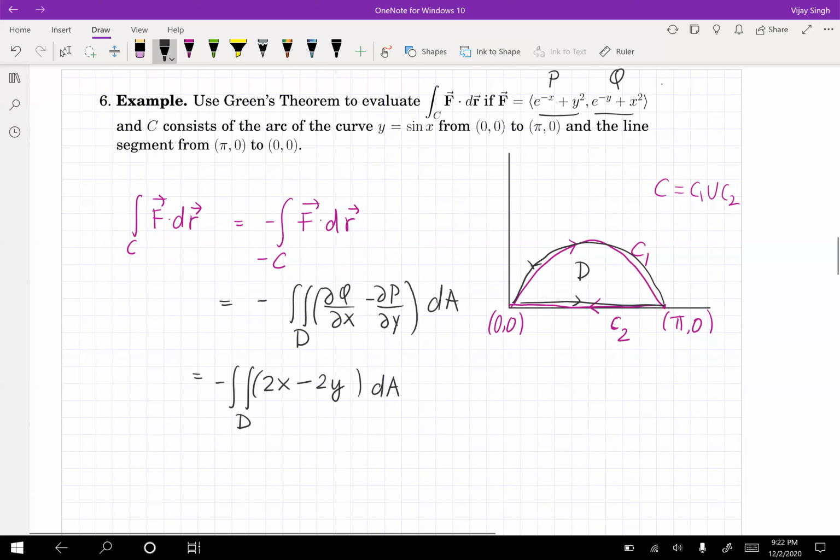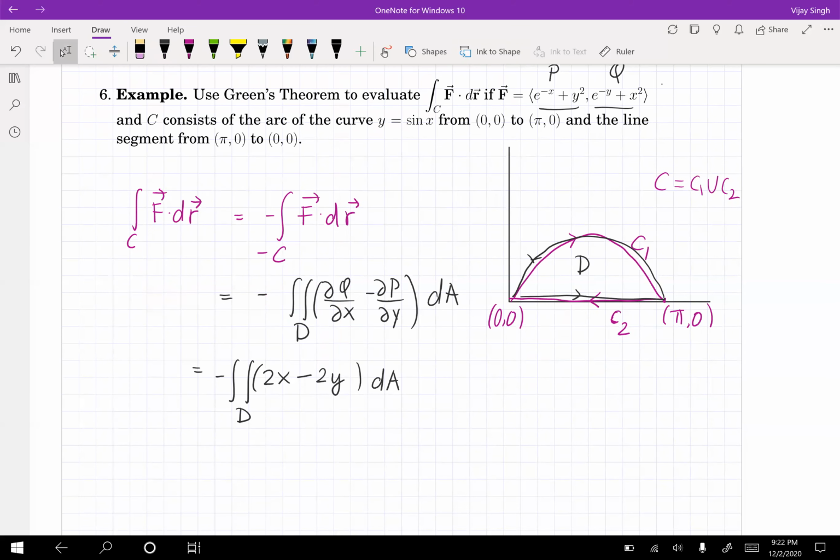Now it's a good idea to write down the region. So we'll write down the region as y first, because it's y simple. So y goes from 0 to sine x, and x goes from 0 to pi.